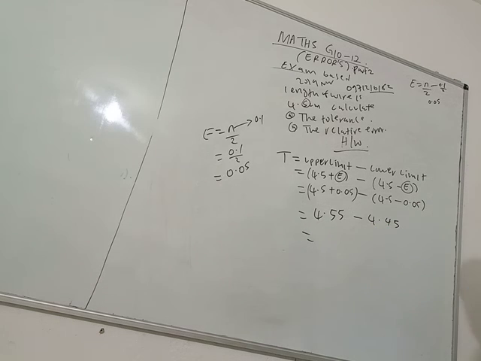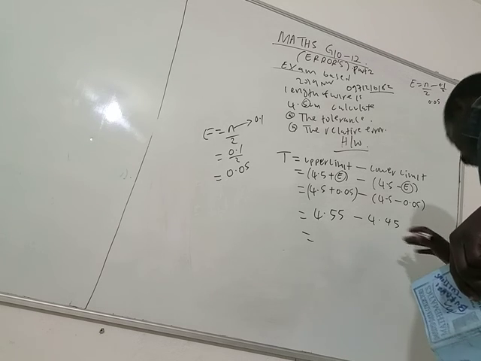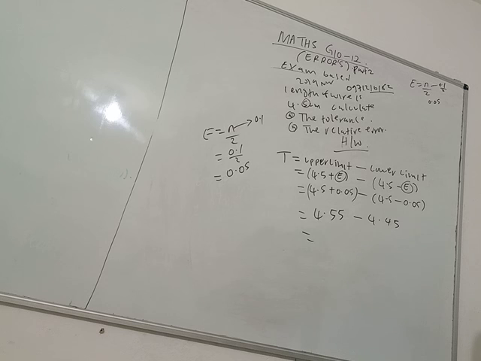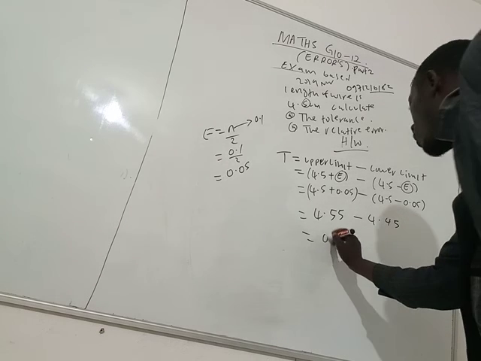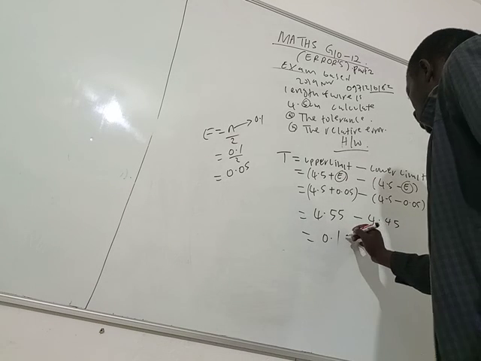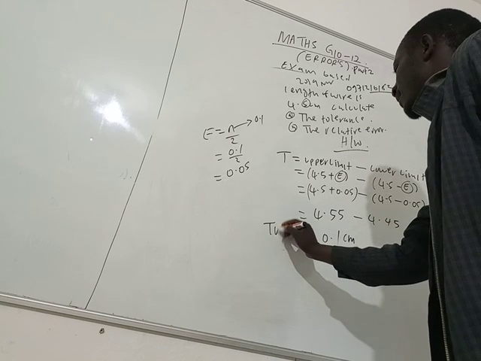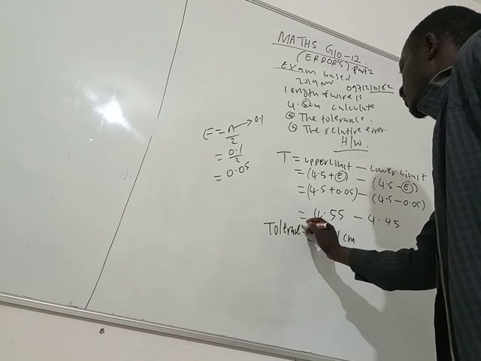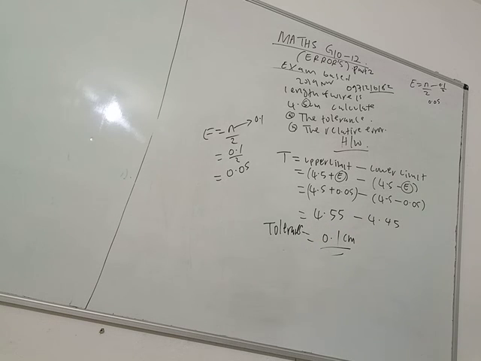So let us subtract quickly. So 4.5 minus 0.05, yes, 4.45, yes. Minus 4.55. So 0.1. What were the units? Centimeters? Yeah, so 0.1 centimeters was the tolerance. So your answer should be that. If not, then you are wrong somewhere.